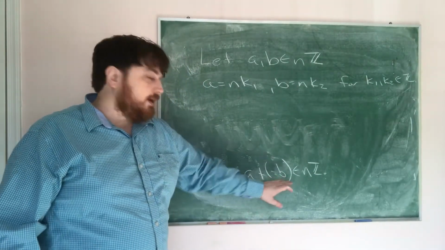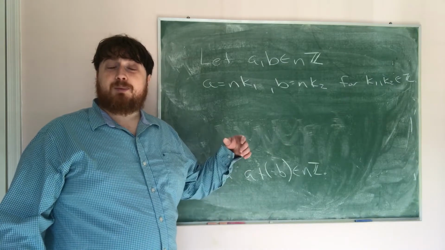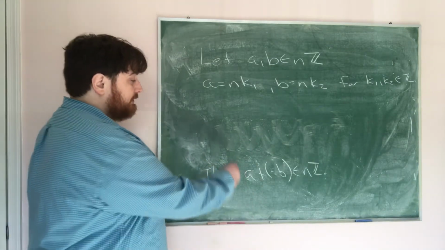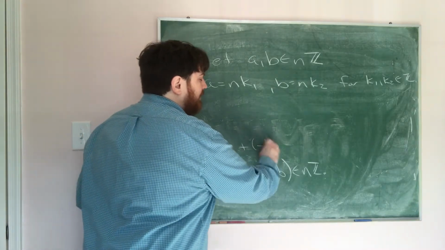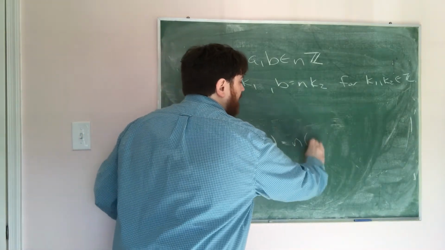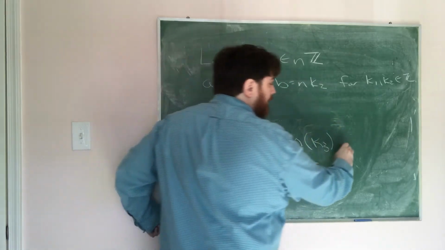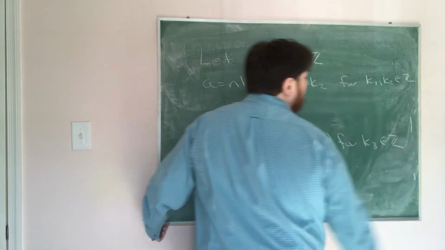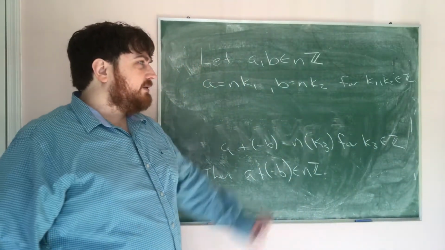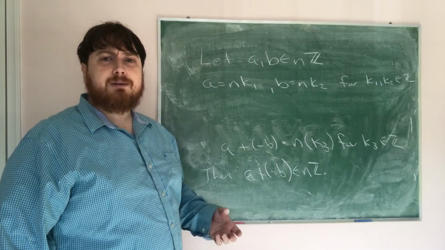Now, if I want to show that a plus negative b is in nZ, I have to show that a plus negative b is a multiple of n. So what we have to show is that a plus negative b is equal to n times, let's say, k3, because I've already used k1 and k2, for k3 an integer. Notice I'm working my way from both ends and saying I have to get from here to here. How can I do that?